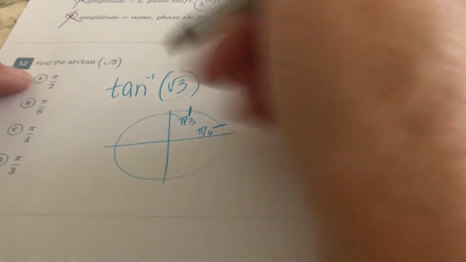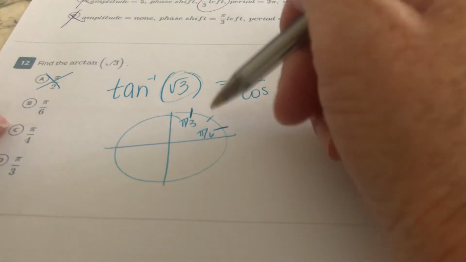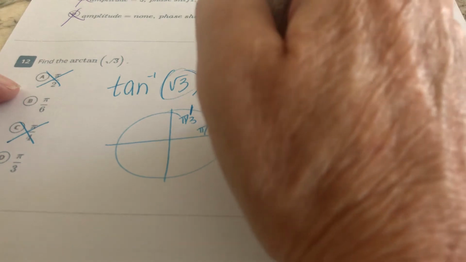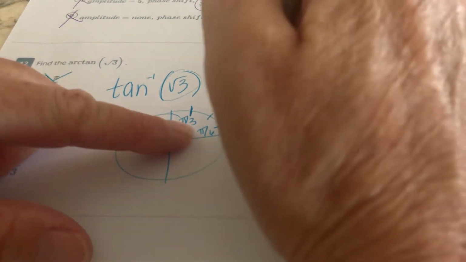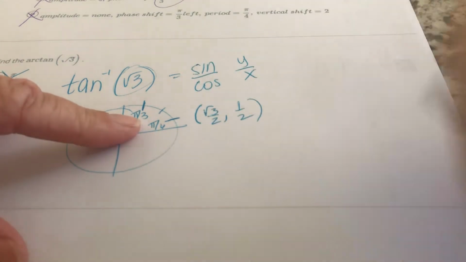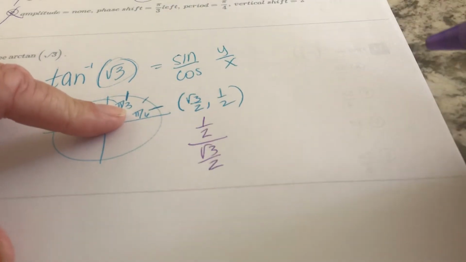Pi over 2, that's going to be a 0 and a 1. Pi over 4 is going to be the square root of 2 over 2's. So it's got to be B or D. So just pick one. It doesn't matter which one. I'm going to pick pi over 6. The coordinates there are square root of 3 over 2 and 1/2. When I find sine over cosine, I would do 1/2 over square root of 3 over 2.